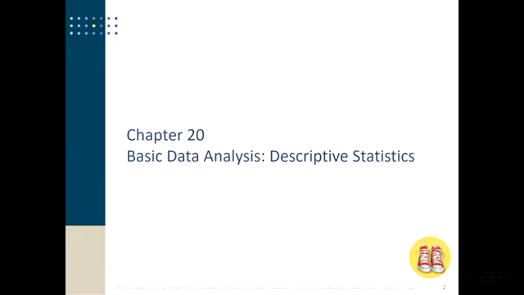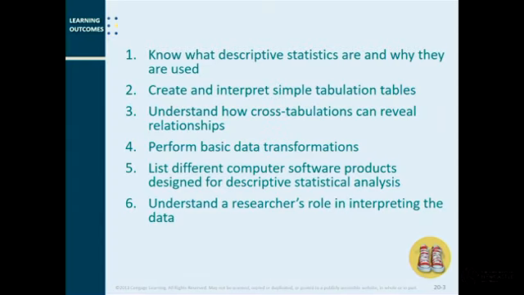Specifically, the learning objectives today are: we will start with descriptive statistics, or descriptive analysis. First, we will discuss what a descriptive analysis is and why it is important or necessary. We will be talking about tabulation and cross-tabulation, which are related to frequency distribution and percentage distribution that we learned in the last class. We will also be talking about basic data transformation.